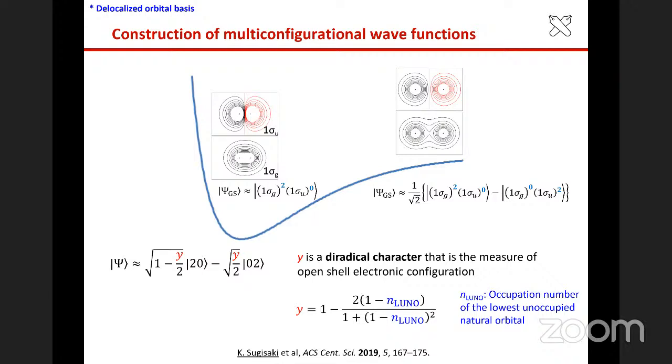So what we need is just to perform a Hartree-Fock calculation, but not the usual Hartree-Fock, because conventional Hartree-Fock gives just this single configuration. Every orbital is either doubly occupied or unoccupied, so the Hartree-Fock orbitals are already eigenfunctions of the density operator, and the eigenvalues are either 2 or 0.